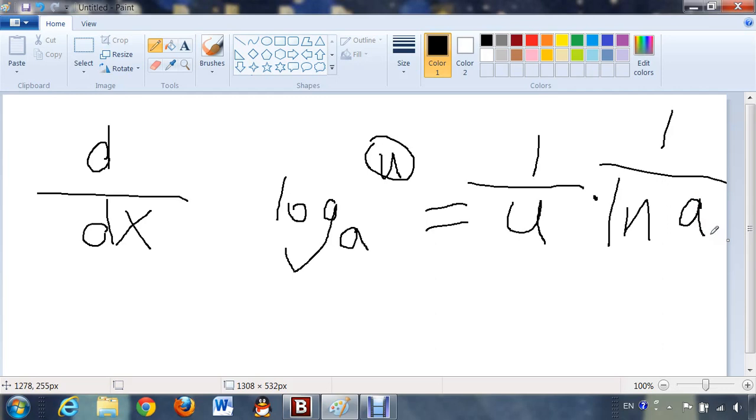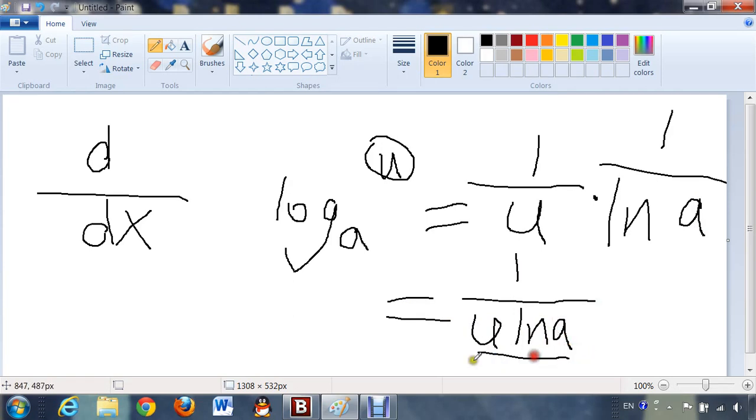Some people read it in a combined way, 1 over u ln a. So that's the rule.